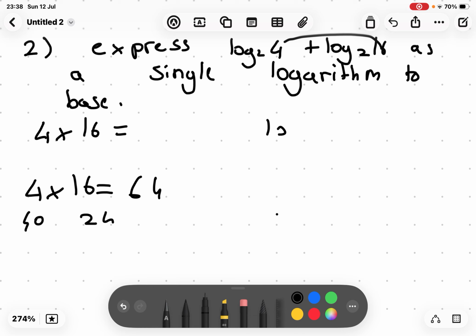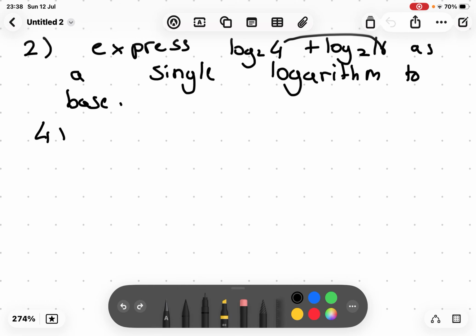And so we have log 2 to the power 64. Okay, no, that's not what the question is asking us to do. So express as a single logarithm to base.